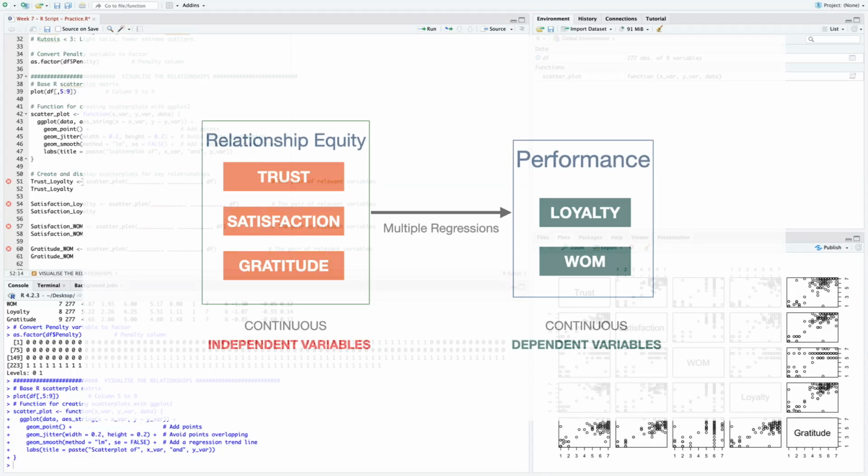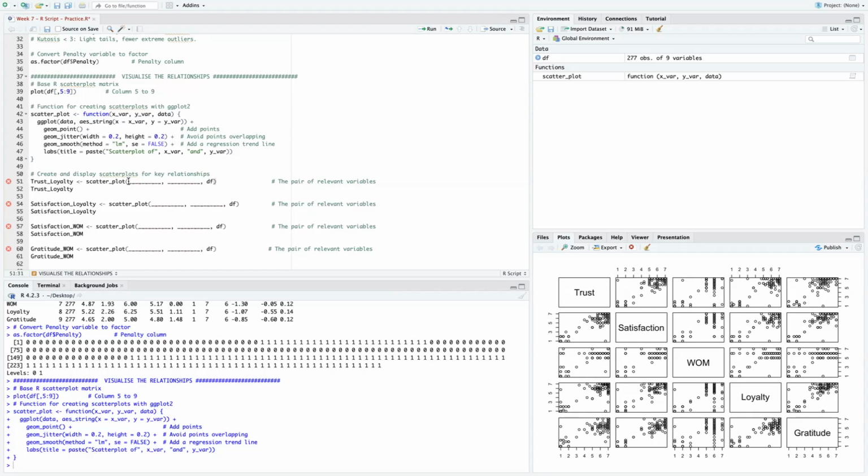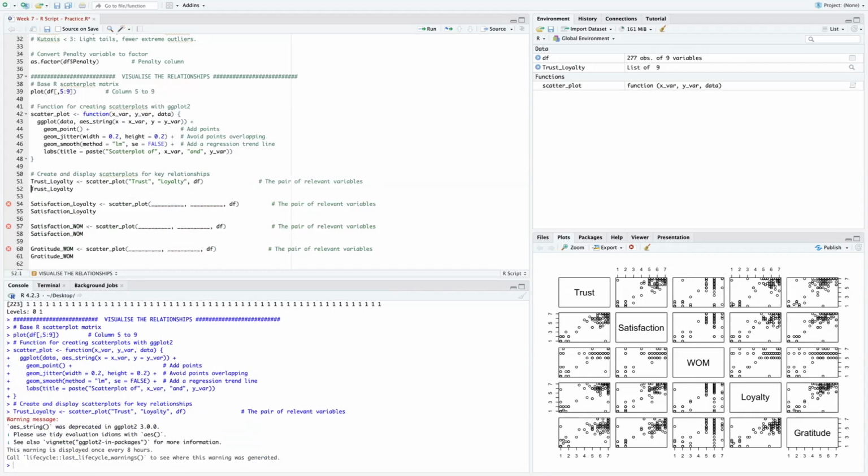If you look at our research framework right here on the screen right now, you will see trust is the X variable and Y is loyalty. So we just add trust as X variable and loyalty as Y variable, right? And let's run it.